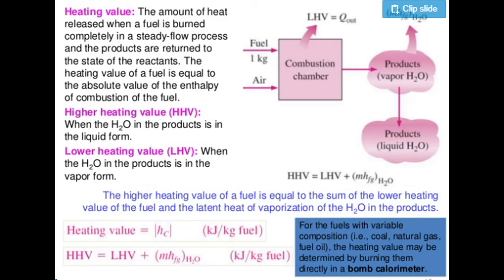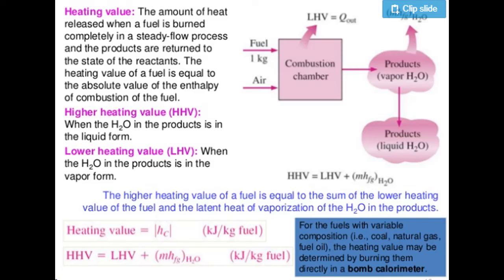But when the product water is condensed into liquid, the heating value is called higher heating value. So when the water in the products is in liquid form, we get higher heating value, and when the water in the products is in vapor form, we get lower heating value.